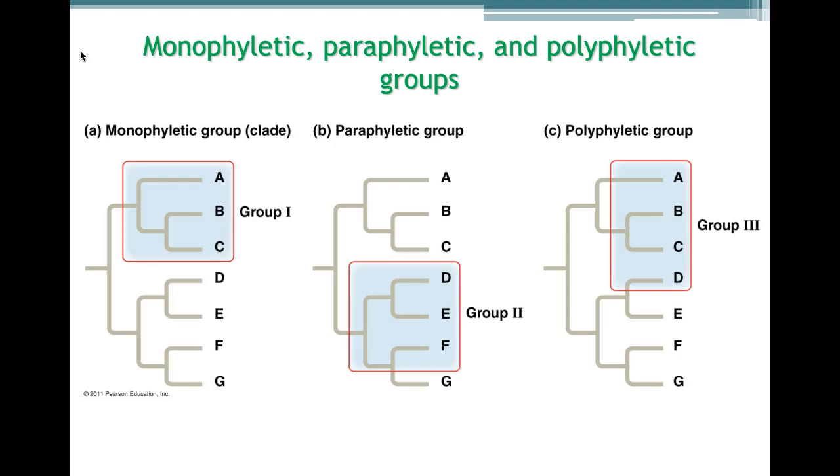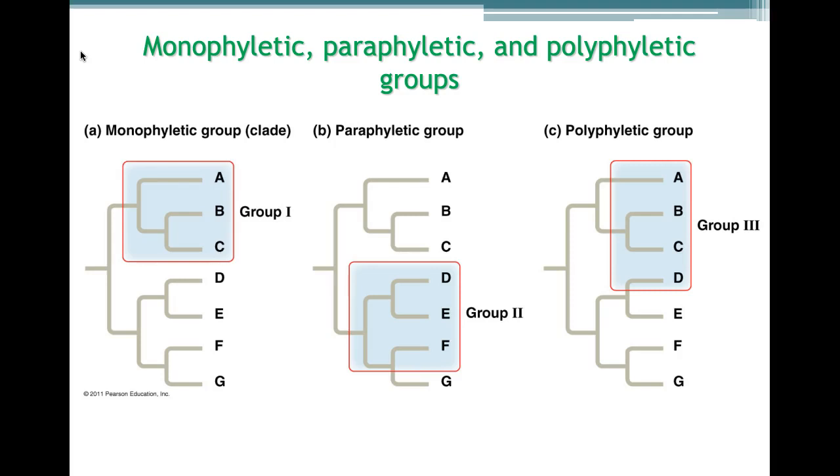Now in letter B, a paraphyletic group, the organisms that are highlighted have most of the derived organisms, but one of them, letter G, is missing. So for this reason, it would not be considered a monophyletic group, but a paraphyletic group.